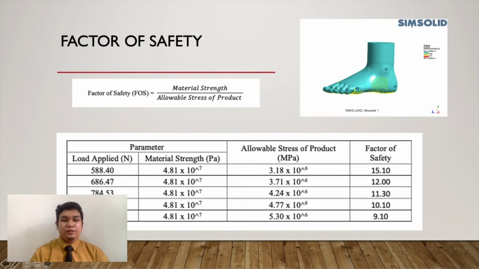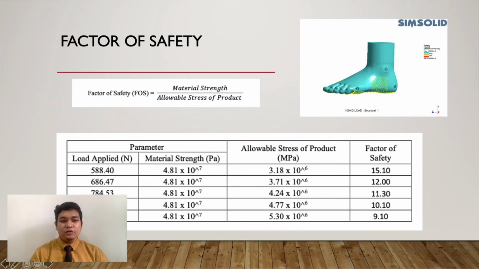And lastly, for factor of safety, in order to get it, the material strength is divided by the allowable stress of the product, giving the maximum factor of safety that has been calculated.